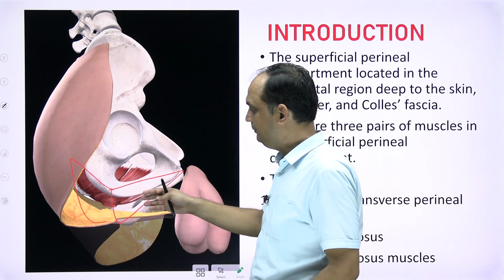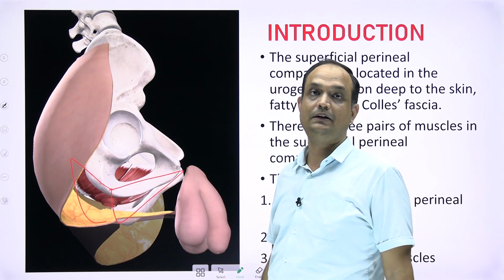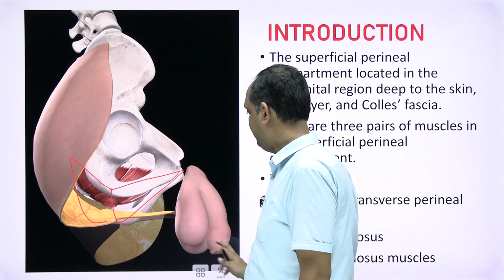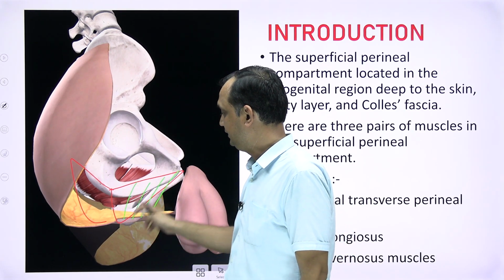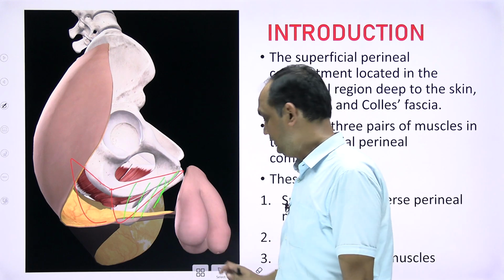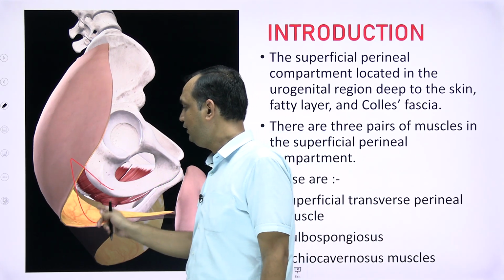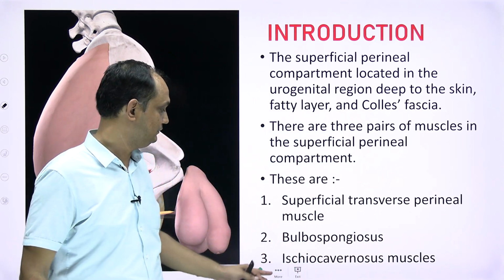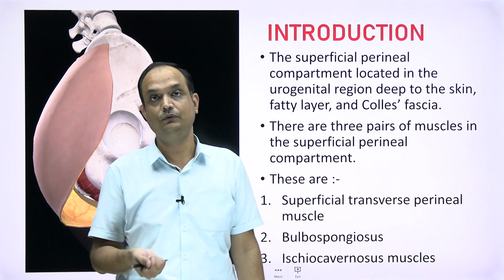When we talk about the muscles of the superficial perineal pouch, we are talking about the muscles present here. Clear? This is what you have to understand, why the muscles of the superficial pouch and where you will find them.